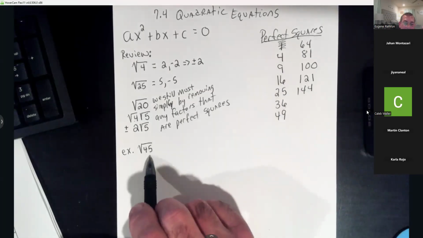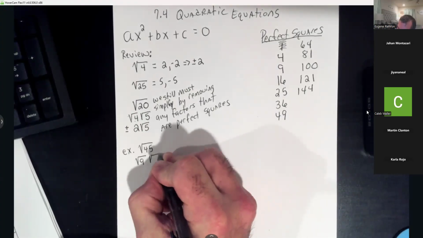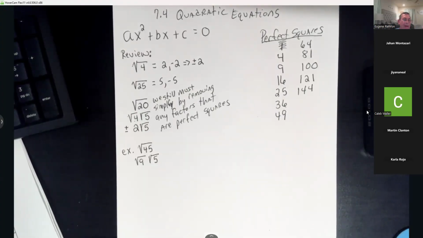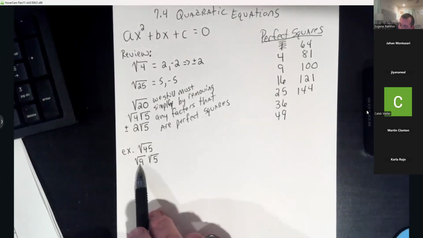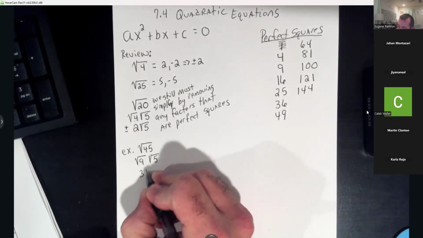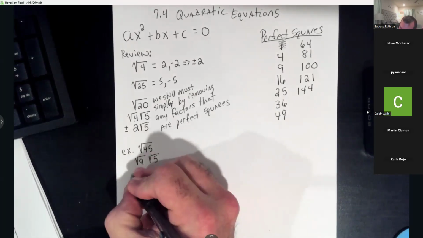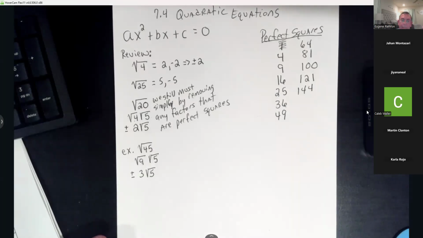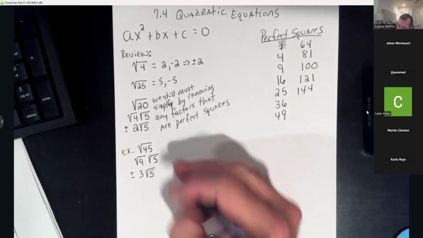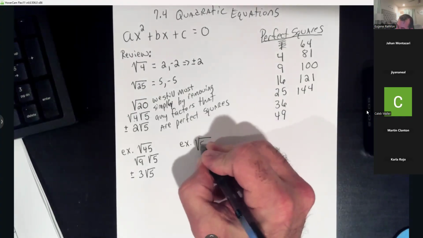So 9 is a factor of 45, so I'd make that a square root of 9 times the square root of 5. So y'all, the final answer, square root of 9 is 3, and then bring down your square root of 5. And once again, this would be a plus or minus.